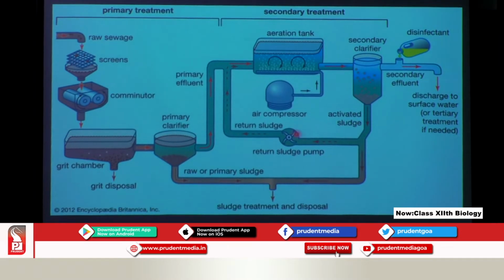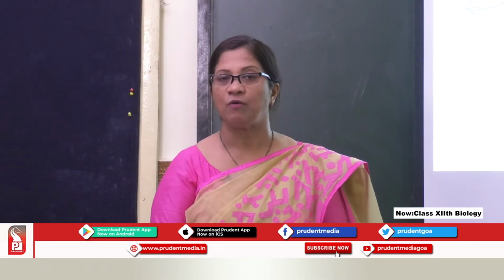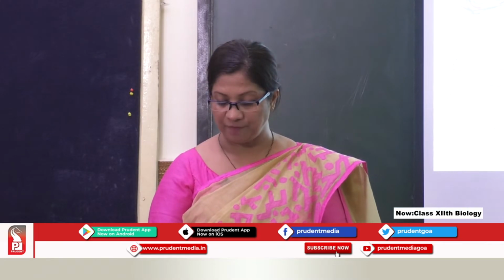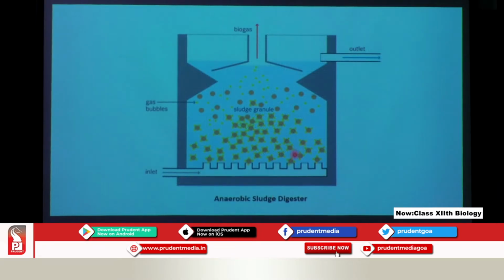Now this sludge which is formed is then sent to other tanks for anaerobic digestion. Now here I just try to show how the anaerobic sludge digester looks like. This is an anaerobic sludge digester. Here the sludge is put in this and it is acted on by the anaerobic bacteria.